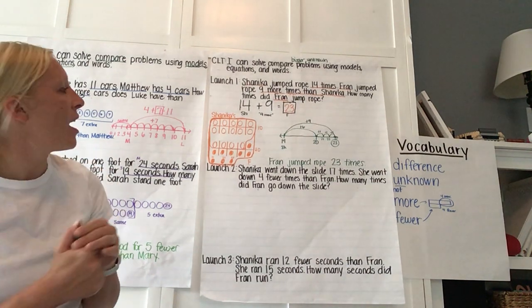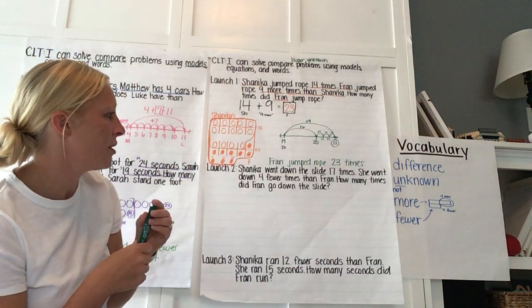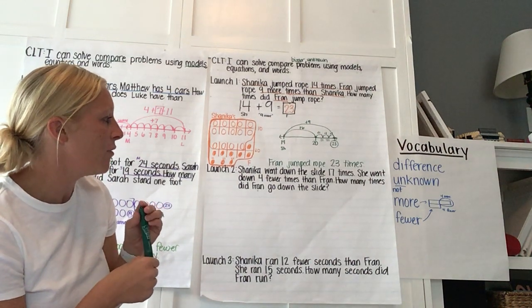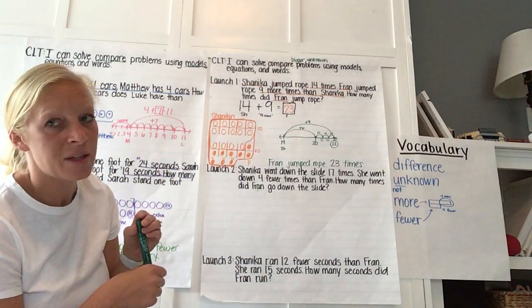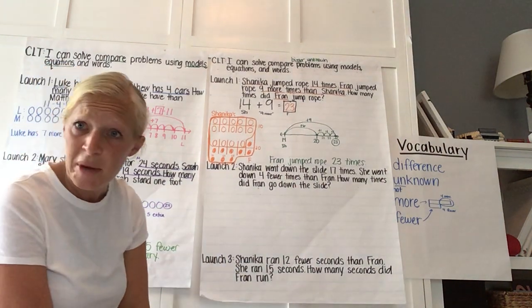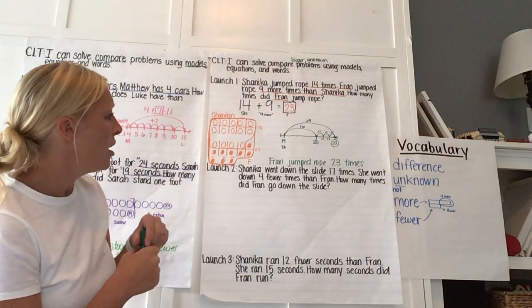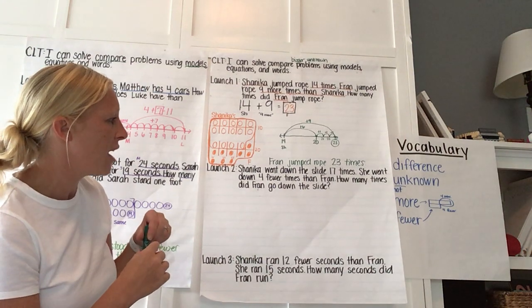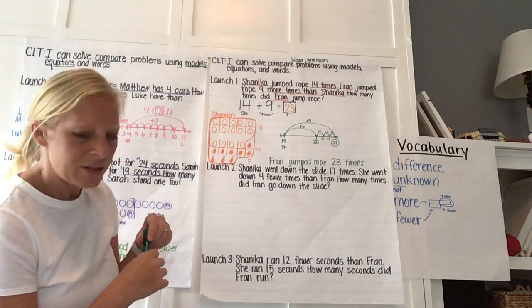Shanika went down the slide 17 times. She went down the slide 4 fewer times than Fran. There's that fewer. This is a little confusing. Even confused Ms. Baker when I was saying it out loud. How many times did Fran go down the slide? So let's take a minute and think.